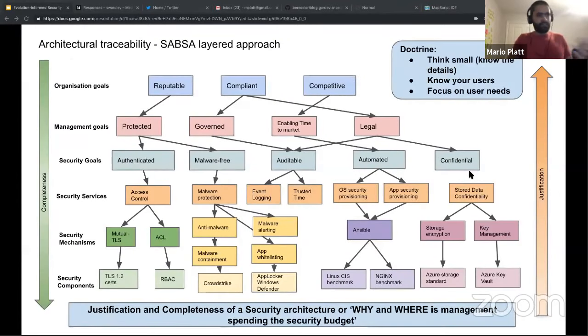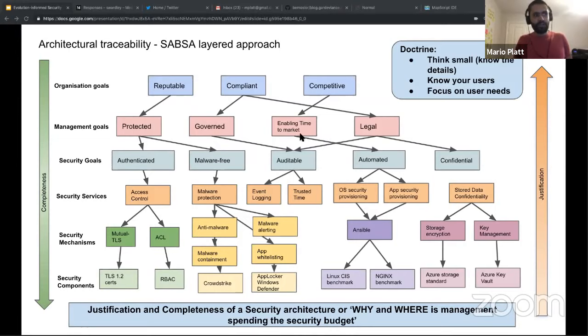Okay, so this is an example of how an architectural traceability using SABSA typically looks like. So you start at the top with what are the organization goals, which can either be control or enablement objectives. And then what are the management goals that are supported. So for instance, being compliant means that it's going to be legal and governed. Being competitive means that you're going to need to be enabling time to market.